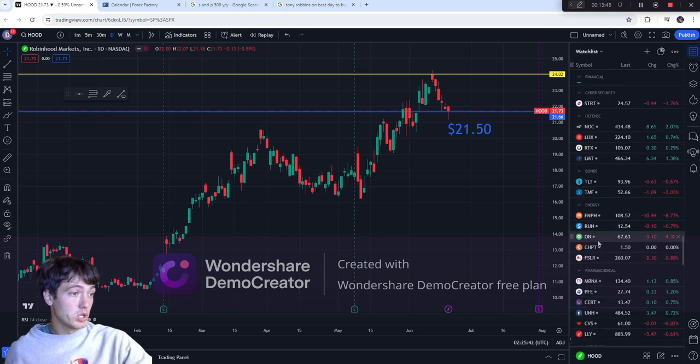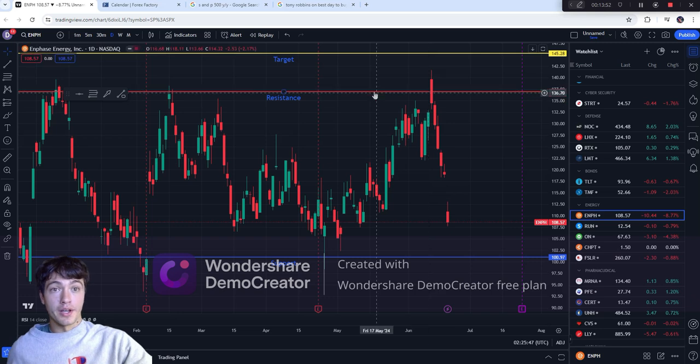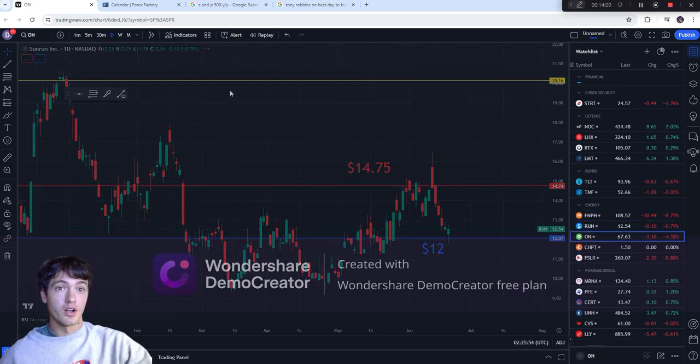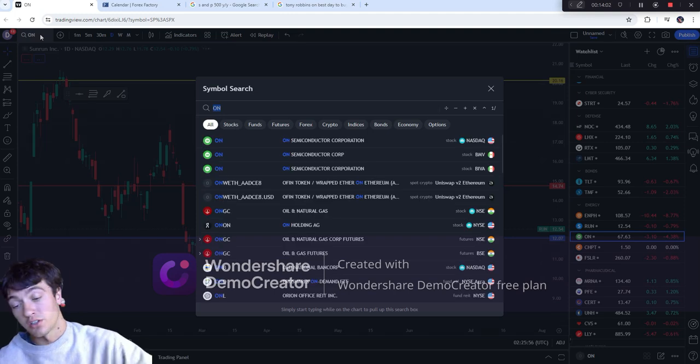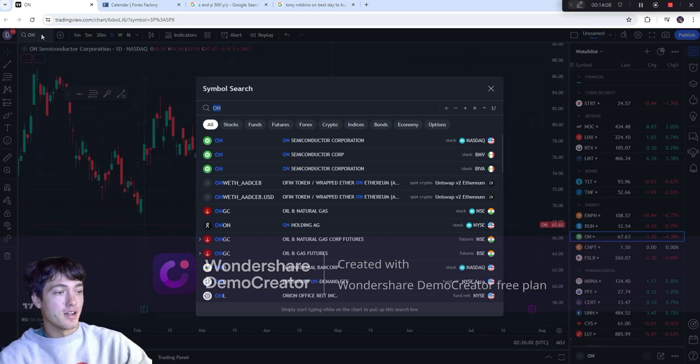Let's quickly go over Enphase. Enphase Energy is like a bond type of stock, in that when interest rates get cut, that's really the only time you'll see a lot of these companies like Enphase, Run and On go up, because they have a lot of long-term outstanding debt, and their liabilities to assets is not really the best.